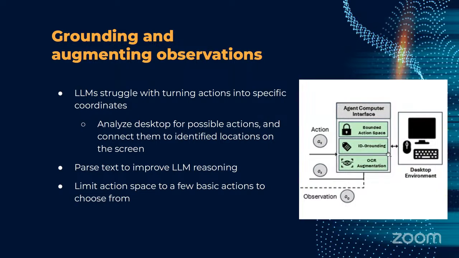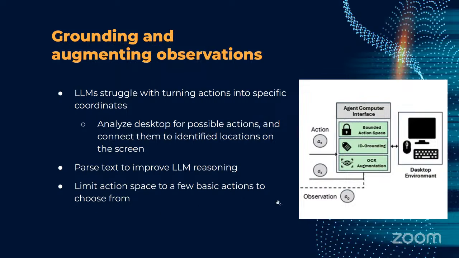So this is where ID grounding, where you can mark particular IDs to particular screen elements, and OCR augmentation come in, where you actually feed text back into the LLM, which not only helps give it context about locations where text is, but importantly also gives it context about what the text is. While multimodal LLMs are pretty good at reading text, it's still difficult: on this screen, there's a lot of text, and on one shot, just looking at this and reading all of that is actually quite non-trivial.